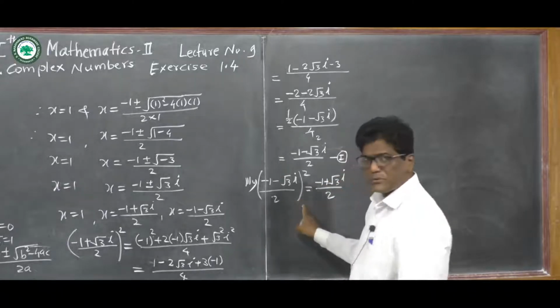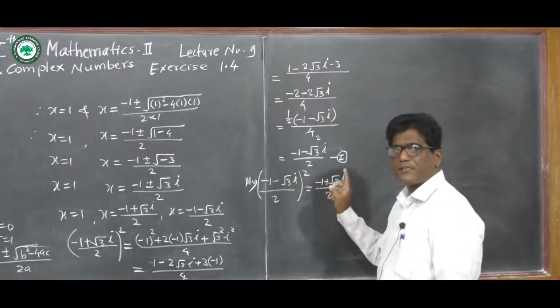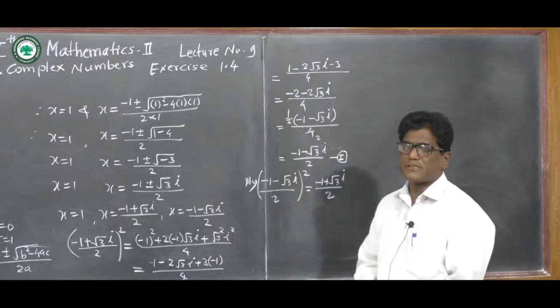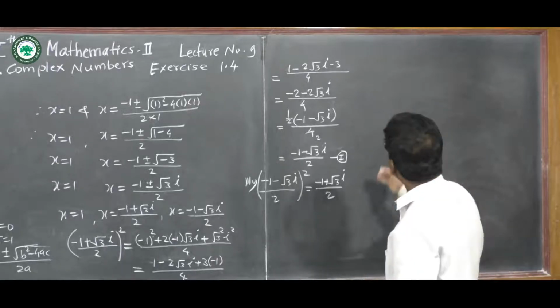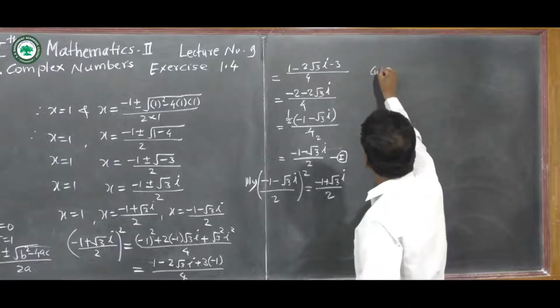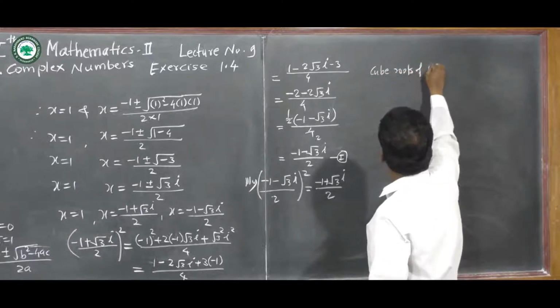It is homework for you. At home, take the square of this, and we will get minus 1 plus root 3 i divided by 2.